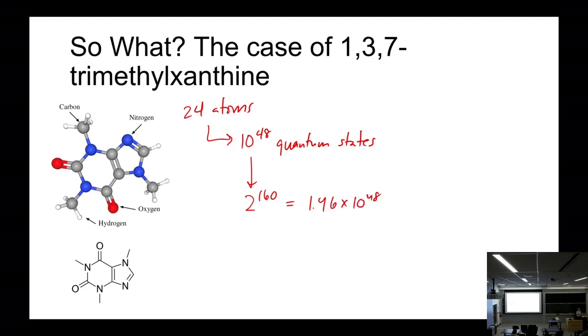That would allow us to hold all of the electronic quantum states of this molecule. Now, what's annoying to me as a chemist about this kind of analysis? What we're saying is that we could perfectly describe the ground state of caffeine with a quantum computer that had 160 qubits.